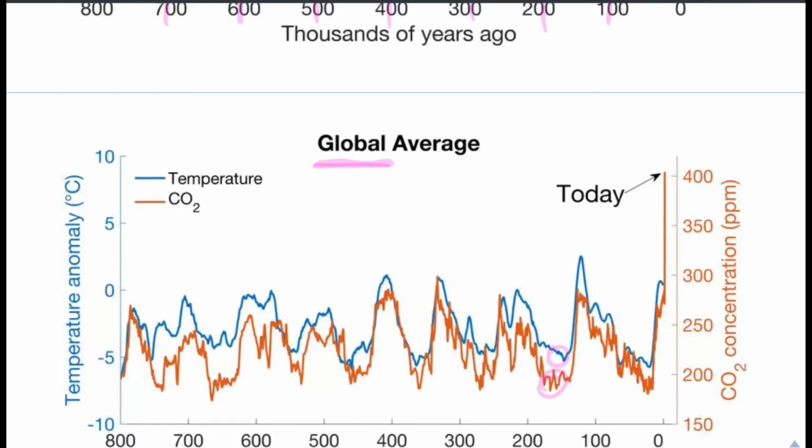Before the Industrial Revolution, the natural level of atmospheric CO2 during warm interglacial periods was around 280 parts per million. The frigid ice ages, which caused ice sheets thousands of feet thick to build up over much of North America and Eurasia, had CO2 levels of around 180 parts per million.